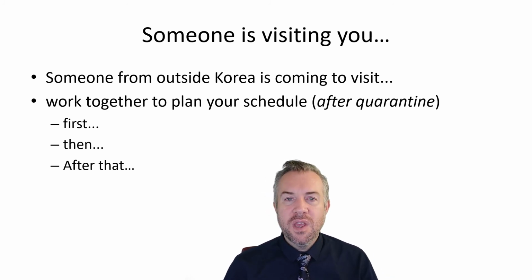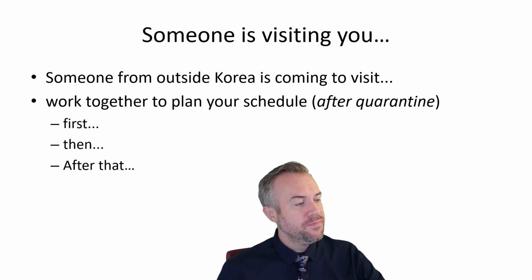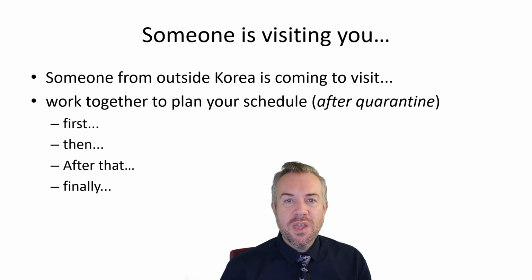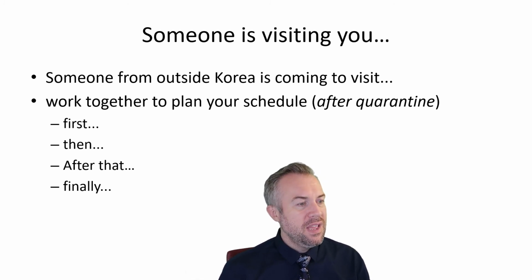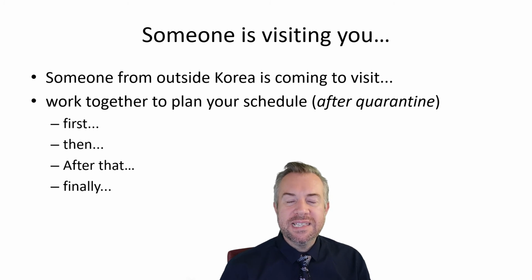After that, we will go shopping in Myeongdong at 4 o'clock in the afternoon. Finally, we will watch a movie in Lotte Department Store in Myeongdong. That is my one-day schedule when my mum visits Korea.